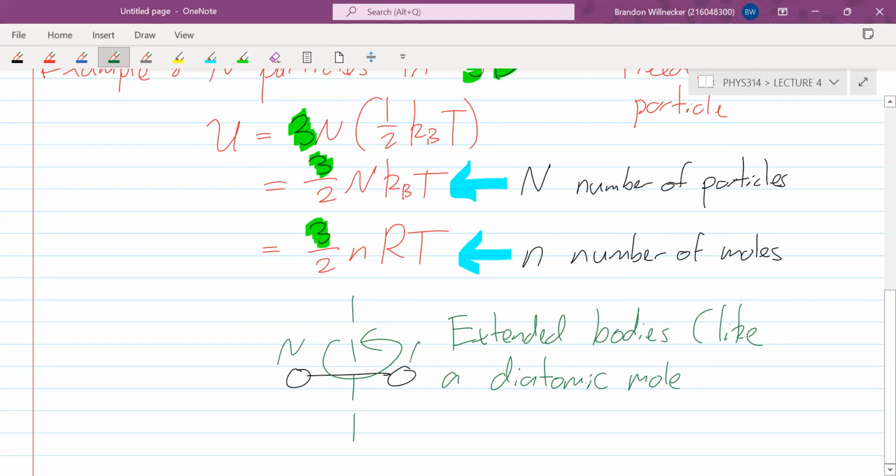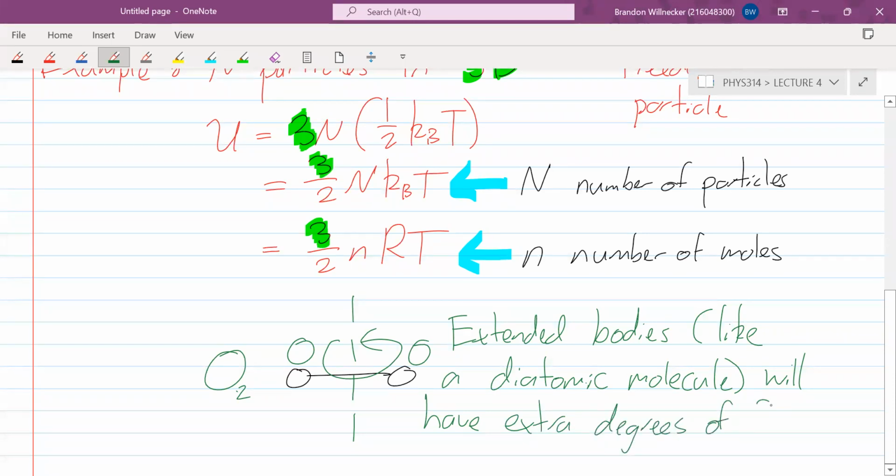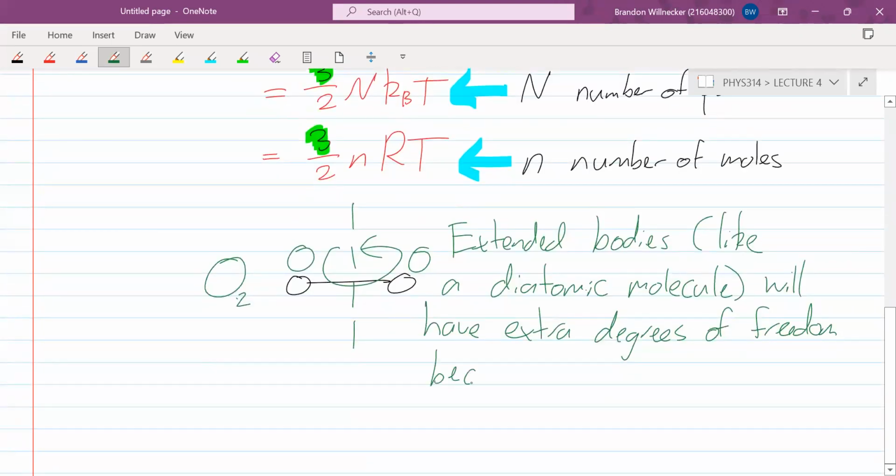let's say O and O, so O2, an oxygen molecule. So extended bodies like a diatomic molecule will have extra degrees of freedom because they can rotate.